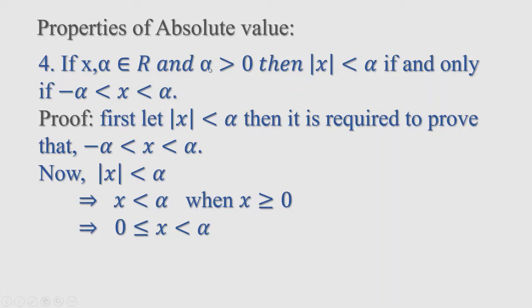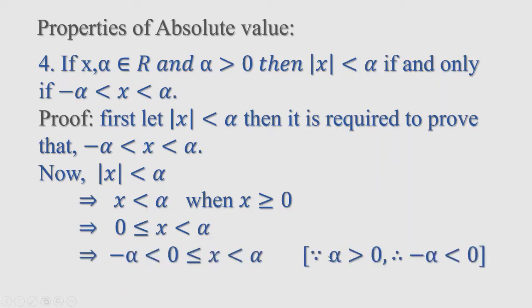Here, given that alpha is positive, minus alpha is obviously negative. From the laws of inequality, we know that if we multiply both sides by -1, the inequality will be reversed: less than becomes greater than, and less than or equal to becomes greater than or equal to.